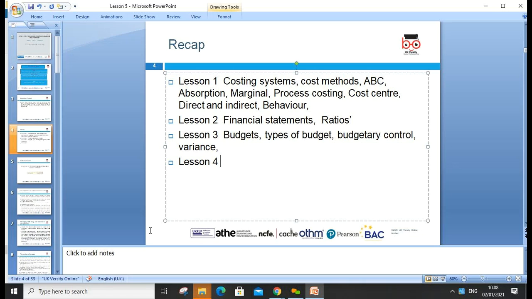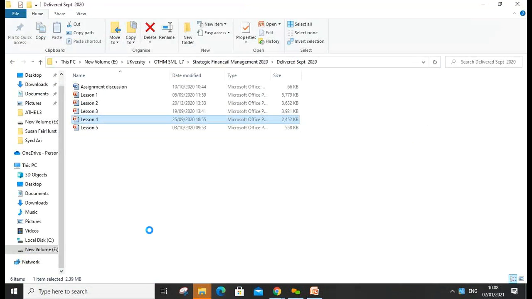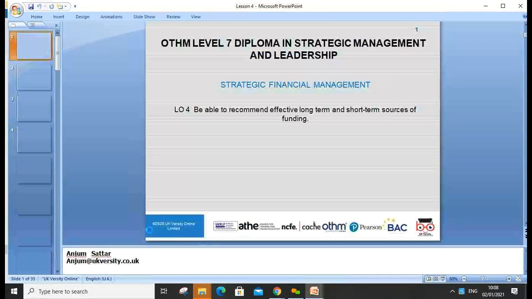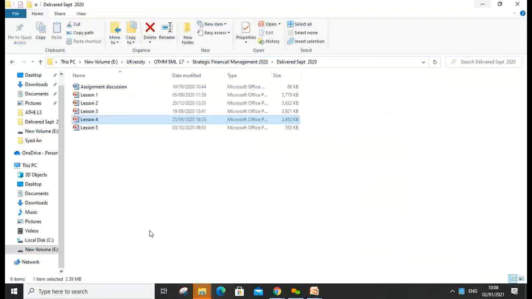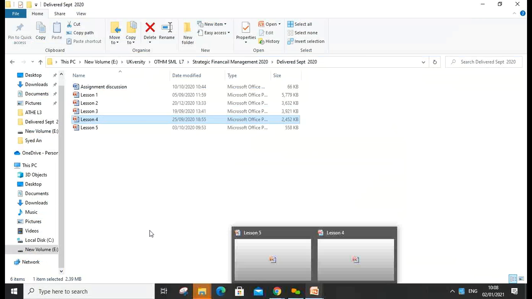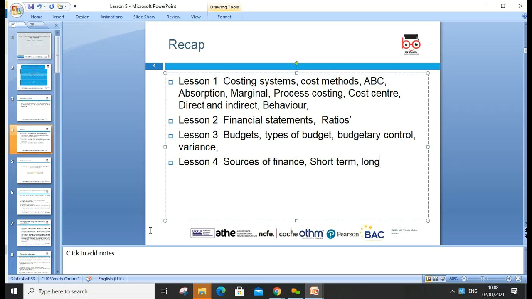Last lesson, lesson 4. We discussed short-term and long-term sources of finance. Yes. So lesson 4: sources of finance, short-term, long-term.